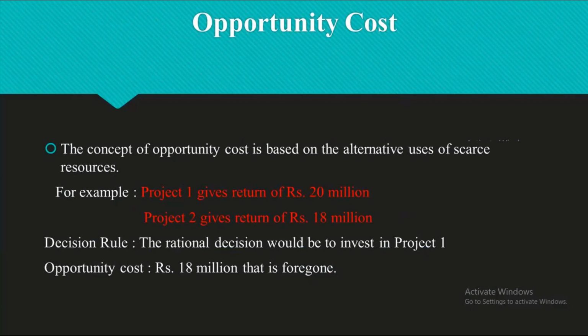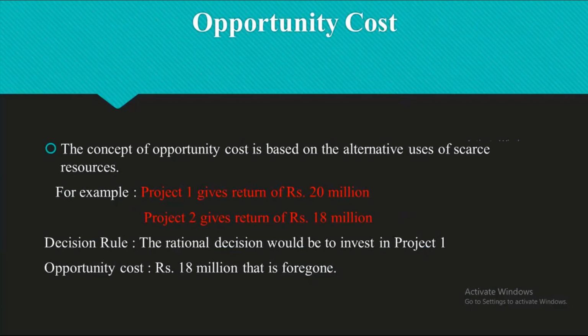So here you are foregoing second best alternative, which might give you 18 million in return. So this in economic sense becomes the cost, opportunity cost, or that amount that you could have gained had you invested in that second best alternative.